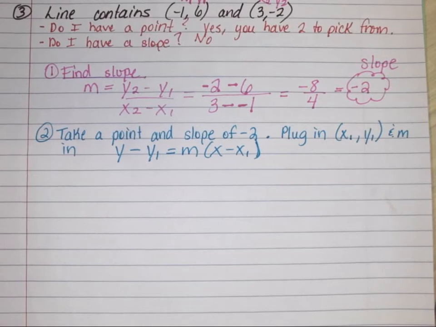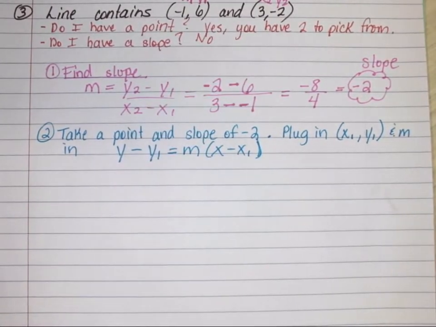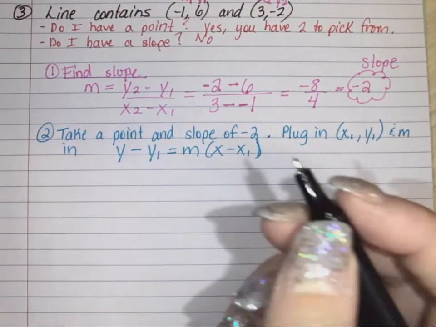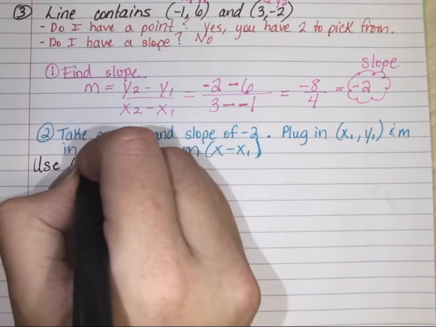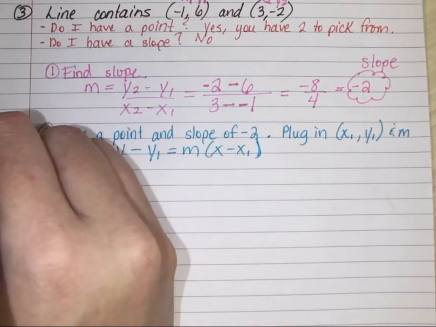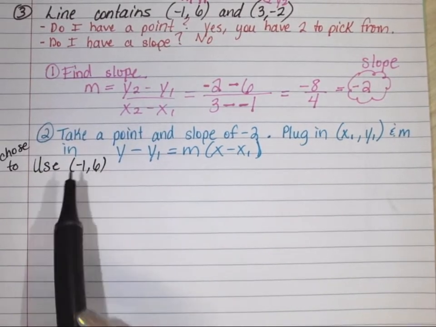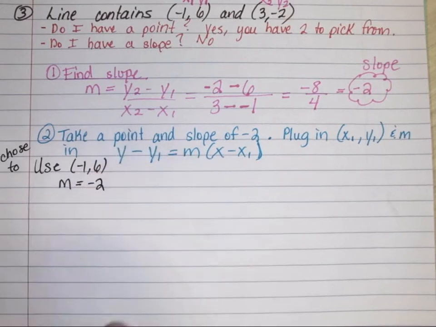All right, pick either ordered pair that you want to use. You can use negative 1, 6 or this one. I'm going to use negative 1, 6. And of course we know that our slope is negative 2.